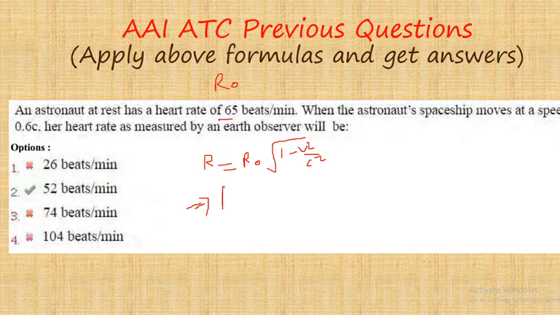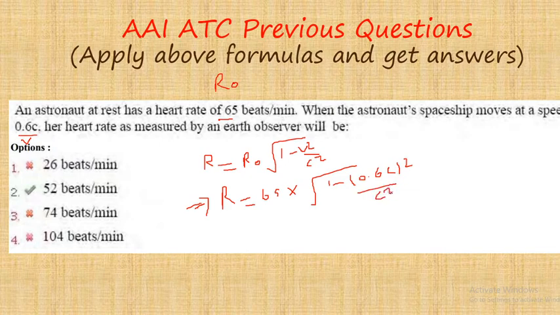We need to find R equal to 65 into root over 1 minus V square, where V is 0.6 C, the whole square divided by C square.